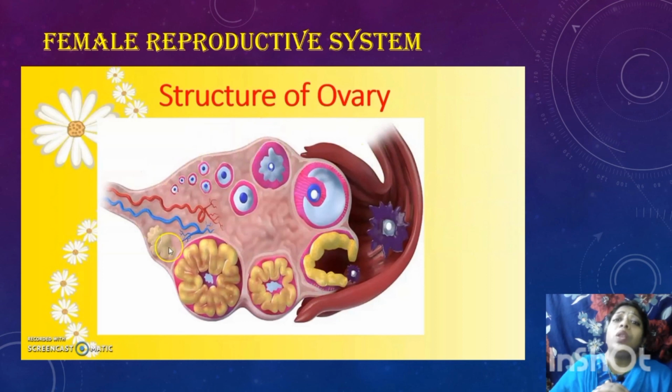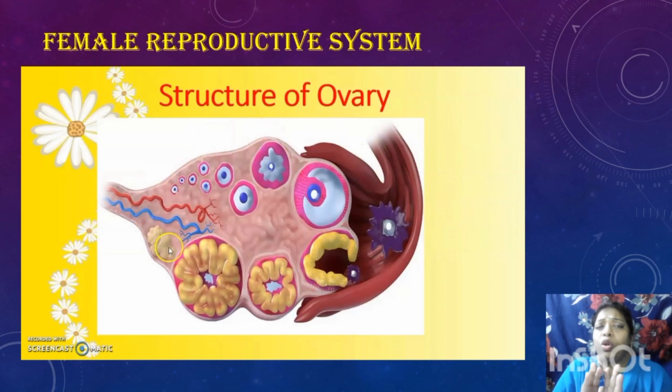So the female ovary, especially the ovaries in the female reproductive system, contains, as we already know, an egg, and that egg is called an ovum.